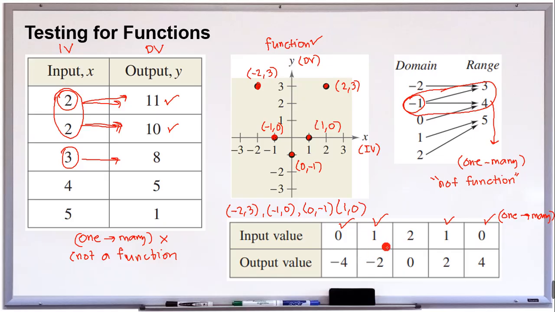For a single input value of 1, we have 2 output values, and these are -2 and 2. So therefore, we now have a one-to-many relation again. So for our last example, this is not a function.